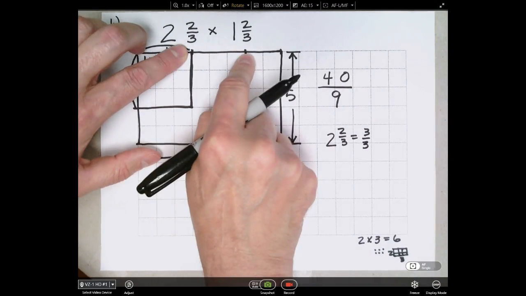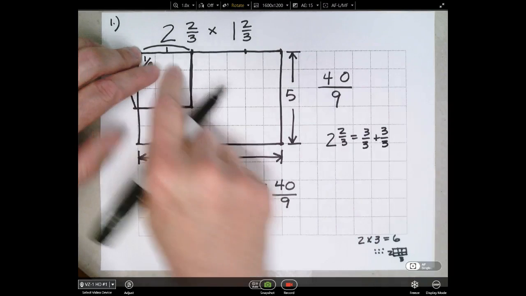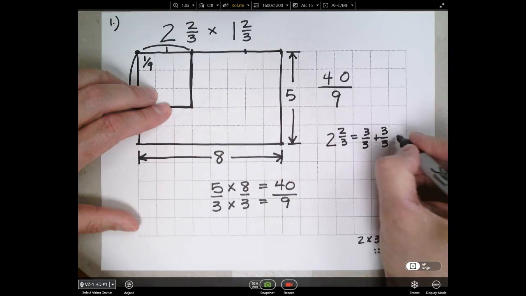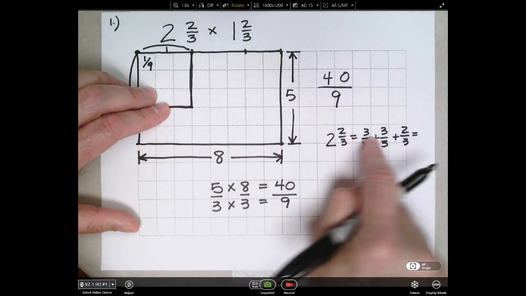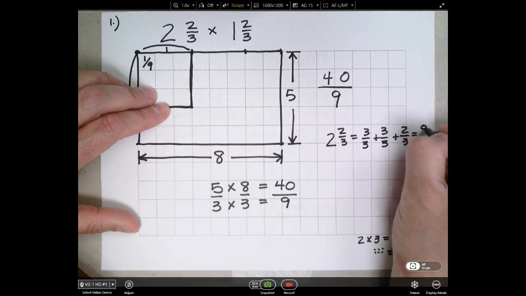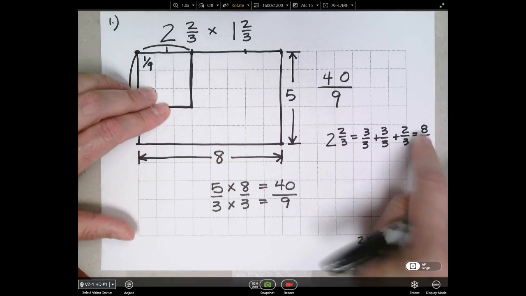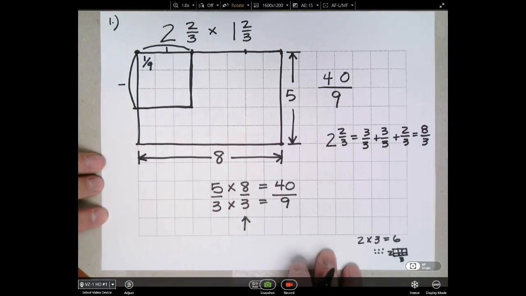There's 2, which is 3/3 more. And there's 2/3 left over that we have to add on top of that. And if we add all of those pieces together, 3 plus 3 is 6, plus 2 is 8. And we get 8 over 3. And that's exactly what we see right here.